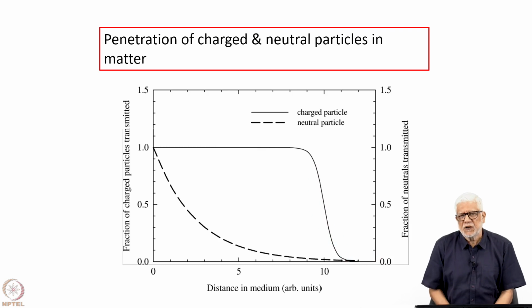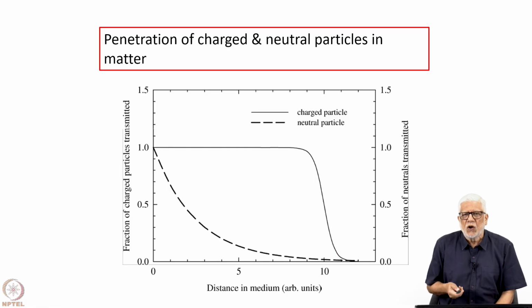Of course, there are fluctuations in this range, so some particles might stop a little earlier and some might stop later, because after all, the energy loss mechanism is stochastic in nature. So sometimes you can lose a little more energy on the way, and therefore it can stop a little earlier, and sometimes you might lose less energy and then it might penetrate a little more.